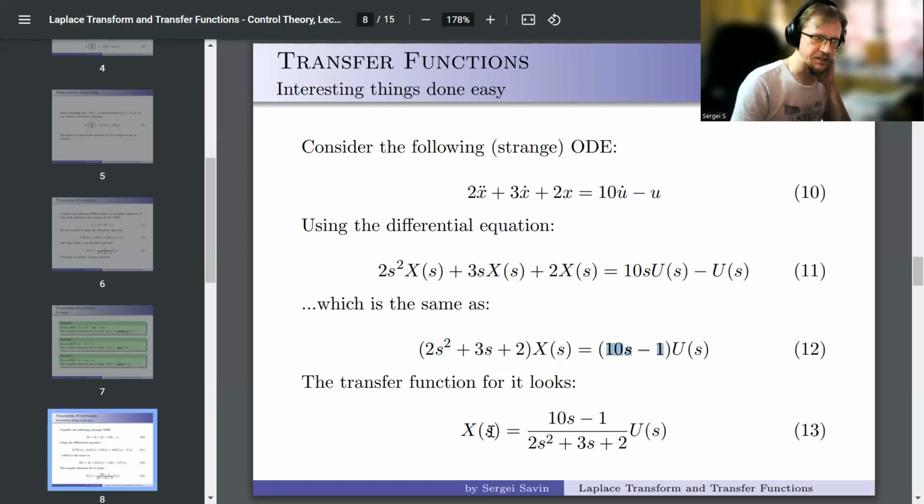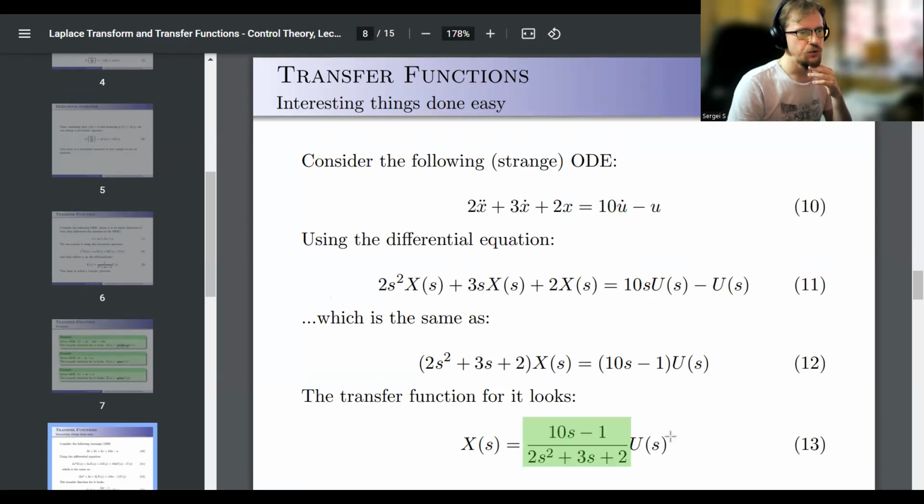Then rewrite it as X equals some expression of s times U of s. That's it. So this will be a transfer function that describes how U is transformed into X. You get some input U, and it is being transformed this way into X.